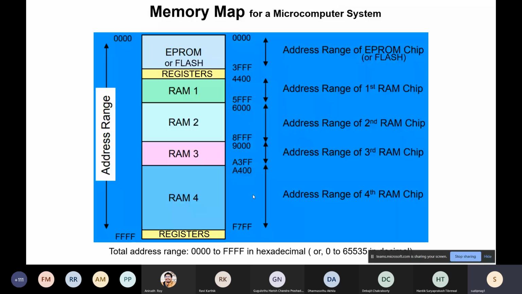Now for the memory map, I'll just quickly go over it. Details will come with actual microcontrollers. Memory can be mapped or organized in certain ways. It's like organizing your house. You have furniture, gadgets, and other utilities at home. Now you are asked to tidy up because some guest is coming.